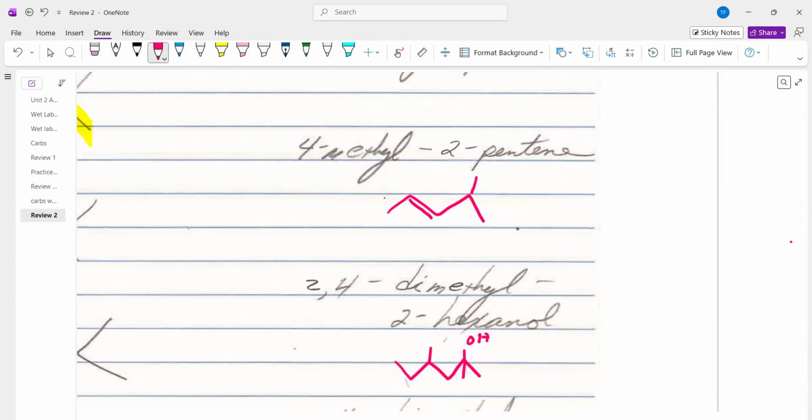Now this could be cis or trans. I've written it as a trans, but you could also do it as a cis.